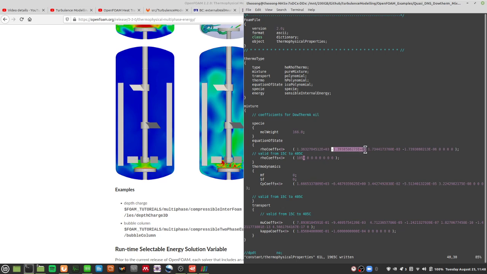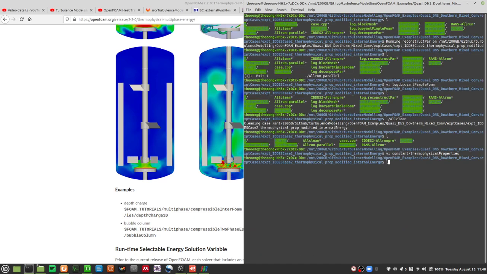This one is the coefficient of T to the power 1, this one T to the power 2, T to the power 3, all the way to the end. So what you note is that if you do it with a constant density, this will actually run. So I'll set the density constant to 1050 kg per meter cubed, as you see there.